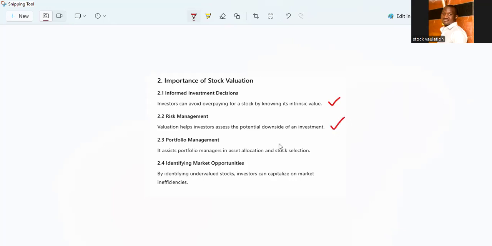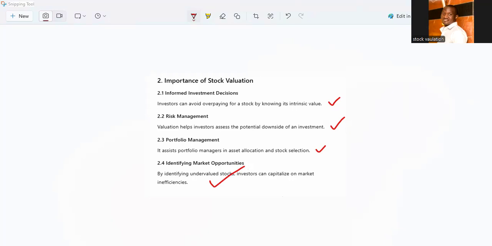Stock valuation also assists managers in asset allocation and selection of stock. It also helps to identify market opportunities by looking at which stocks have been undervalued, where investors can capitalize on the inefficiencies of the market. So it is important that you understand why we conduct stock valuation.